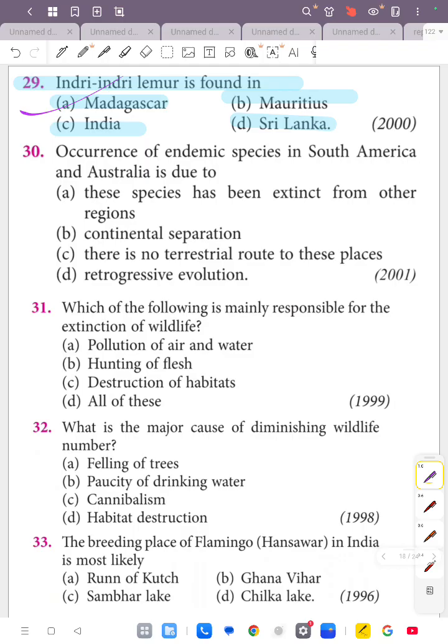Not just that, what exactly is a lemur? Lemur is one of the oldest primates. Just like in humans, we have kingdom Animalia. Then we have phylum Chordata. Then we have class Mammalia.